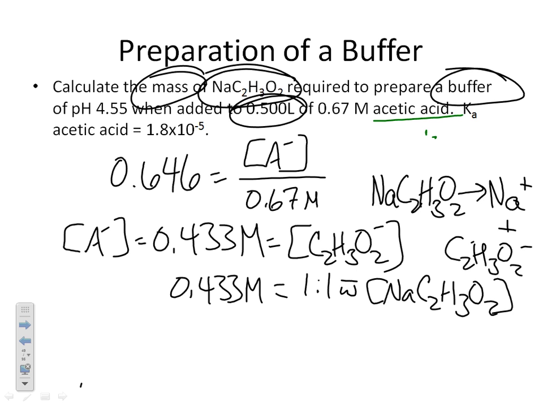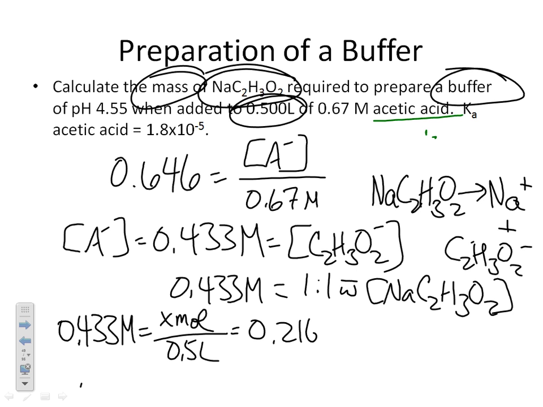That's where our volume is going to come in. I'm going to use the molarity, 0.433 molar, is equal to x moles of sodium acetate divided by the volume of the solution, which is 0.5, so that I know that I want 0.216 moles of sodium acetate. Yay! Not done though. One final last step.